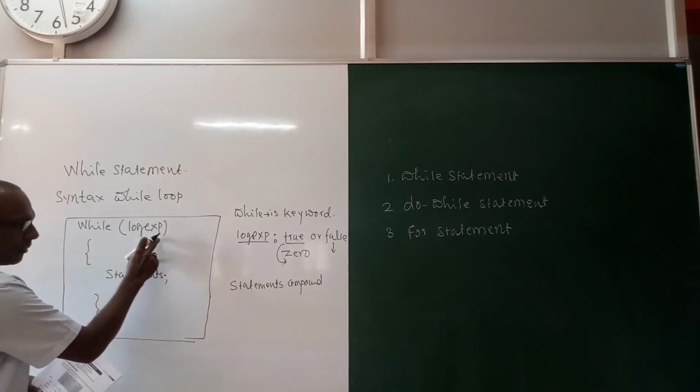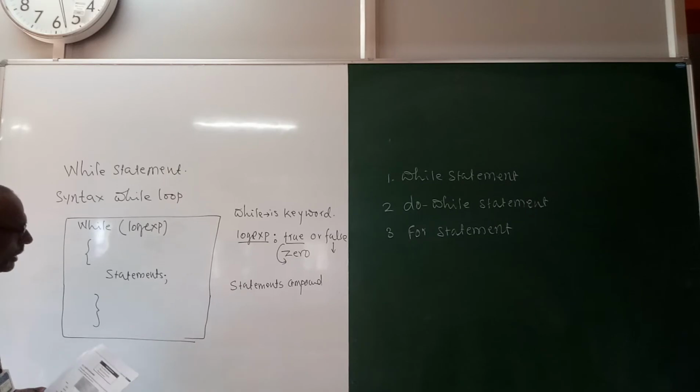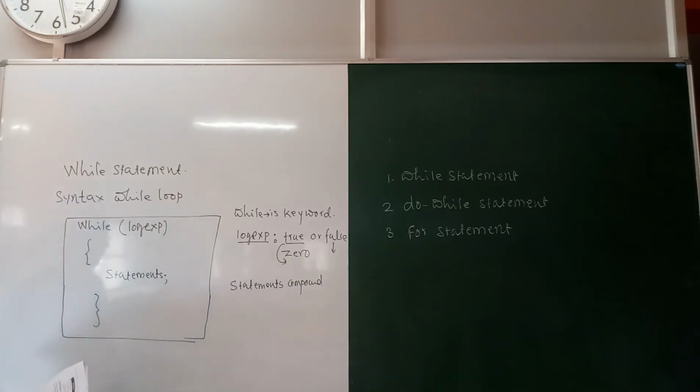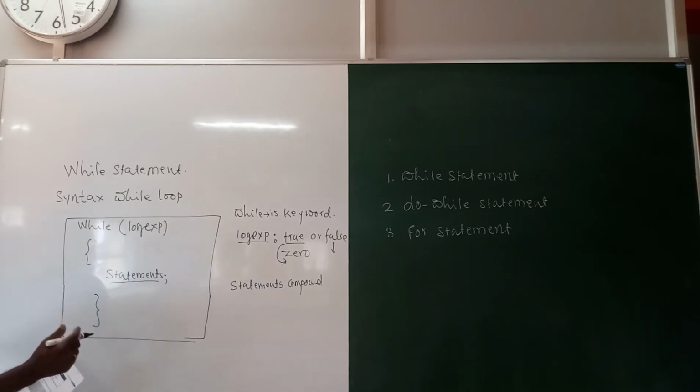If there is more than one expression, those expressions should be evaluated, and if the result is true, that is non-zero, then the control will go to the statement or statements, the number of statements or compound statements, repeatedly, and it will execute this loop.